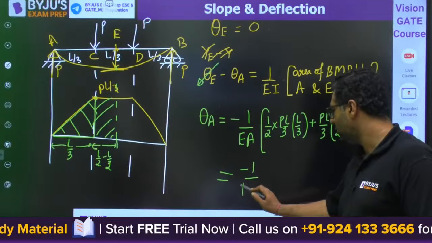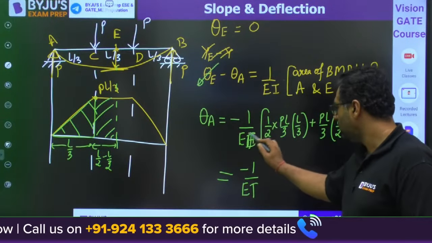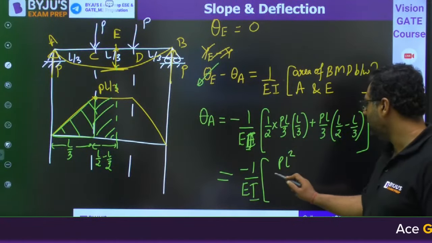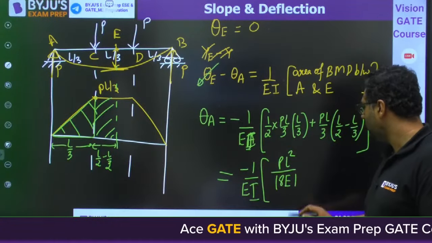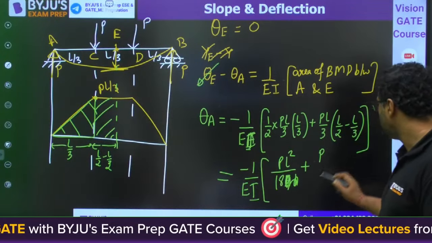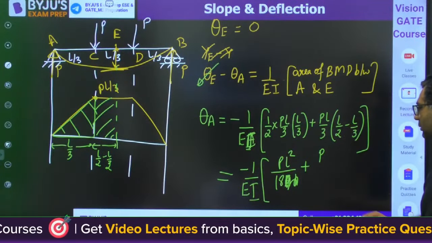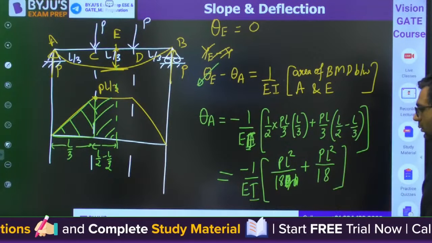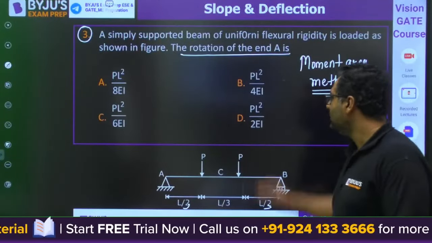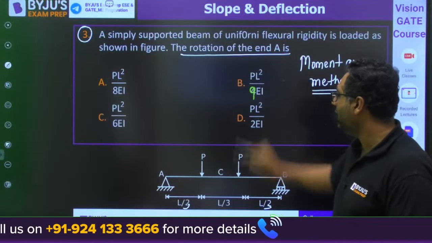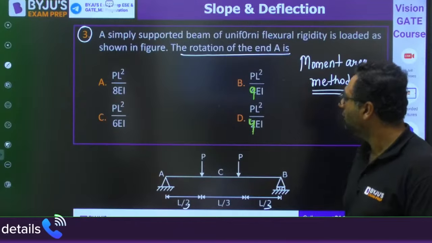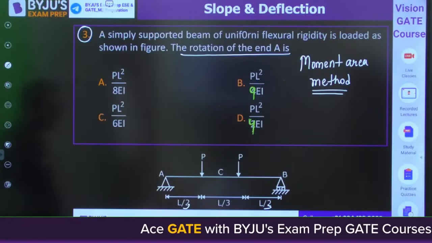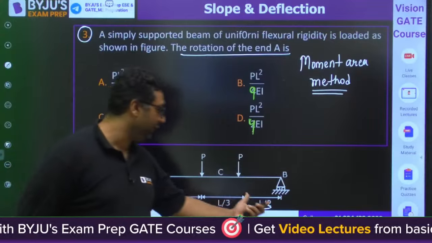This is PL square by 18, with L by 3, L by 3, L by 3.